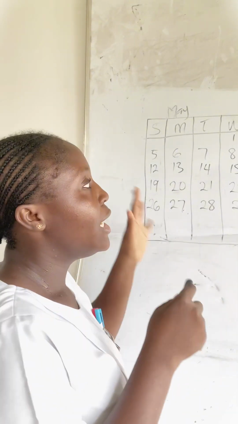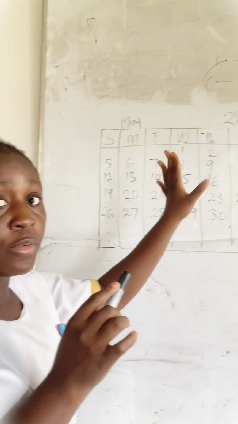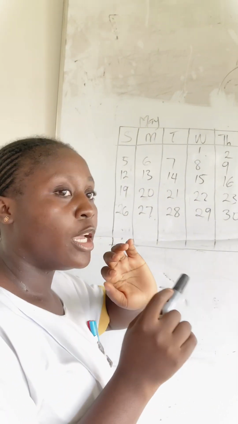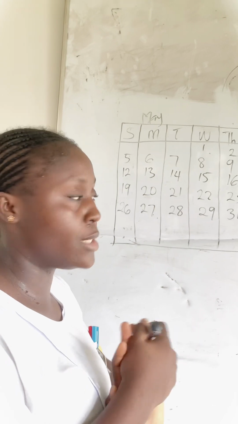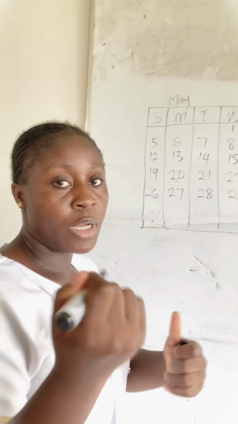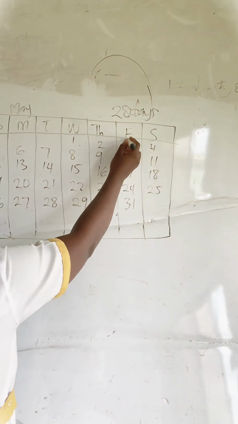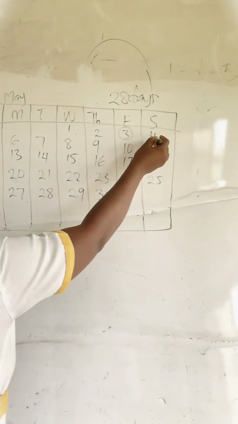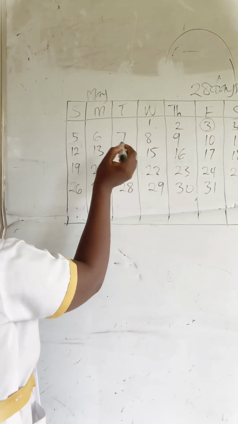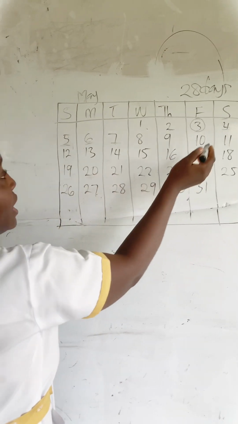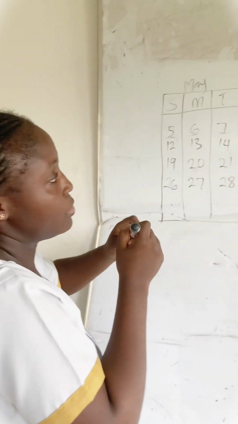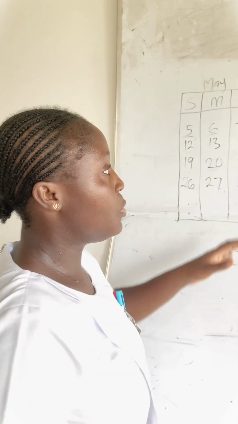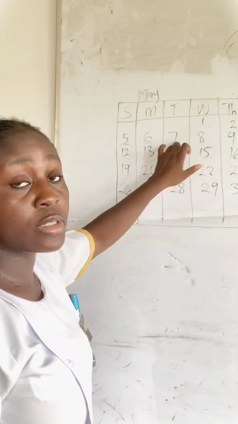Mrs. A has a period cycle of 28 days, and the period lasts for 4 days. Her period started on the 3rd, that's on Friday, and lasts for 4 days. So that's 1, 2, 3, 4. Yes, so the period is supposed to stop on the 7th.